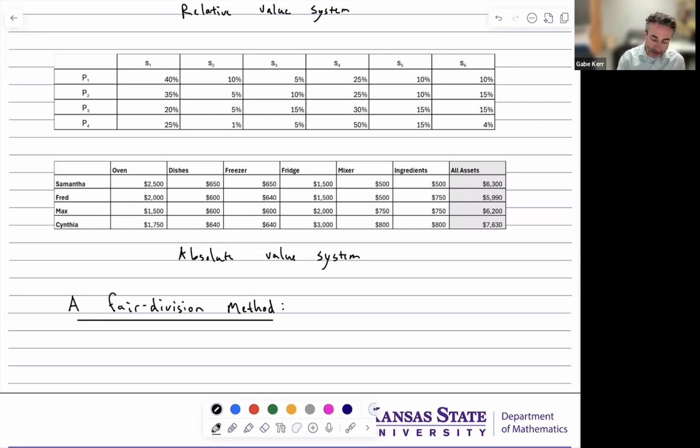So this will be the content ahead. What does this mean? It's a set of rules by which we can assign assets to players. So for now, we'll just say: rules to assign assets to players.